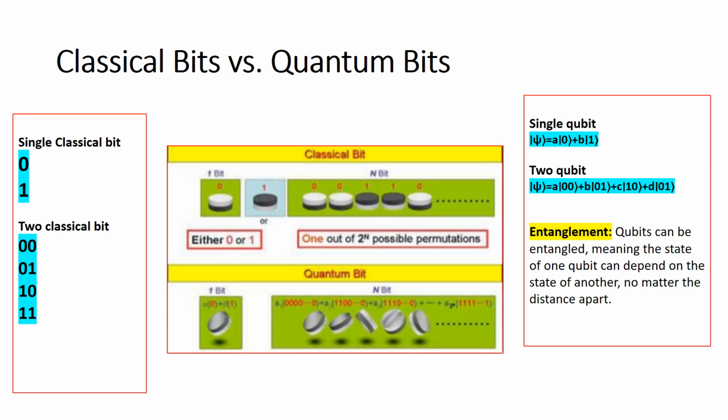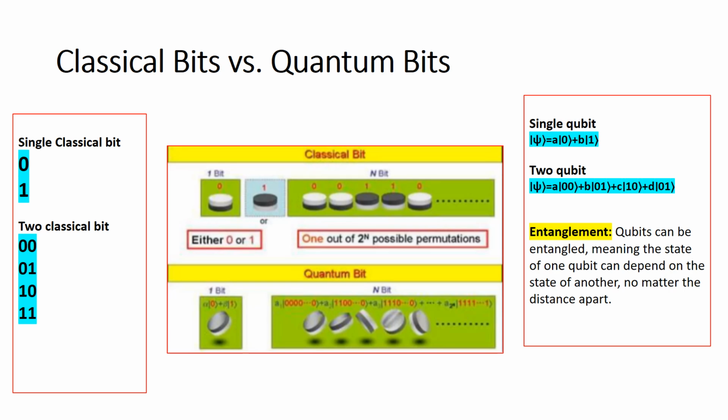On the other hand, in qubits, a single qubit is represented by a state ket psi equal to the combination of both ket 0 and ket 1 in terms of the probabilities A and B as denoted here. And similarly, 2 qubits can be represented by combinations of four different values, that is ket psi is equal to A times ket 00 plus B times ket 01 plus C times ket 10 plus D times ket 11.